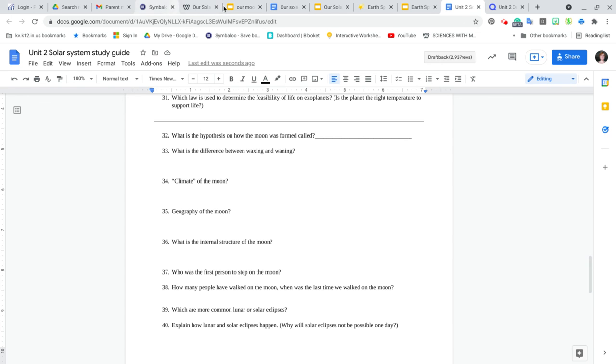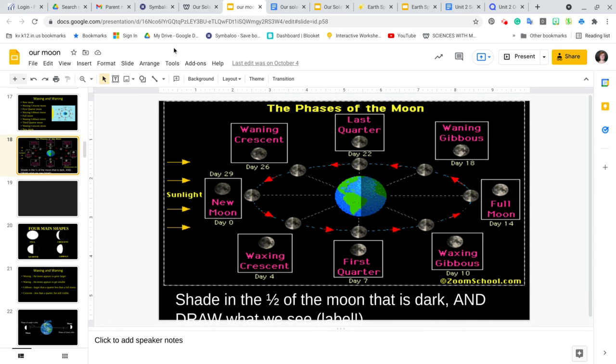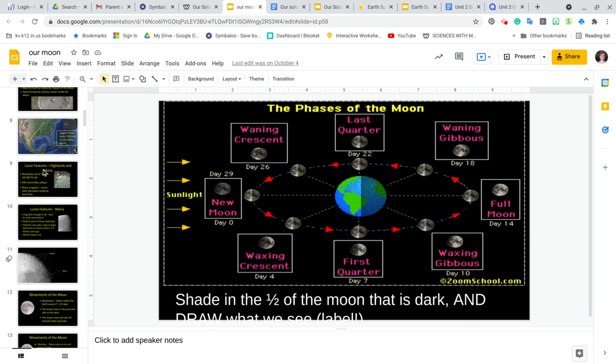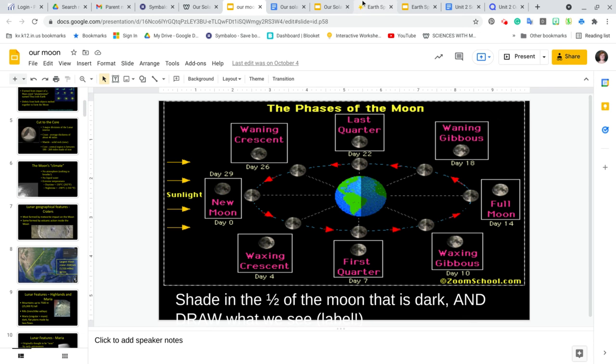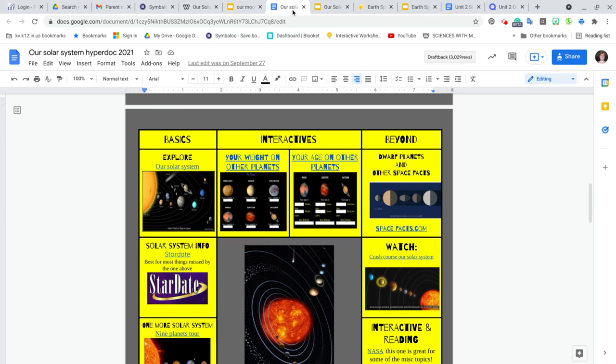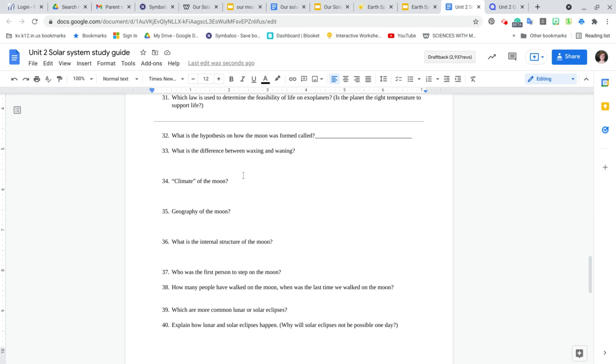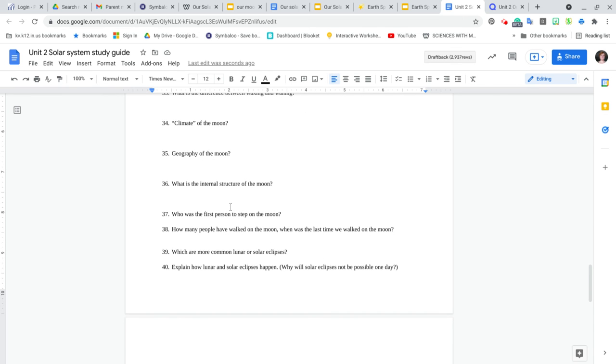How is our moon formed? Go back to the moon. It's there. Nope, wrong place. Waxing and waning. Go back to the moon. Climate, geography. Go back to the moon. Internal structure.